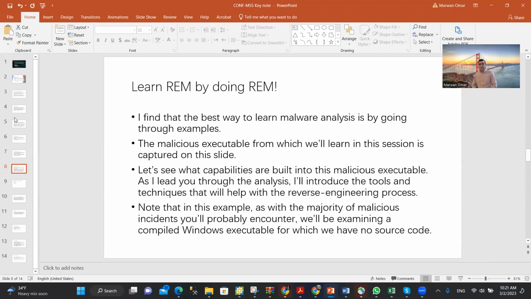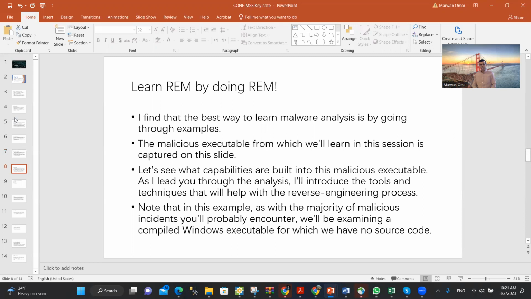Learn REM by doing. A lot of people say the best thing to learn about something is to do it. Learning by doing. We find that the best way to learn malware analysis is by going through examples. So, meaning we are given malware samples or examples, and we try to see how they interact with the environment when we do behavioral analysis.